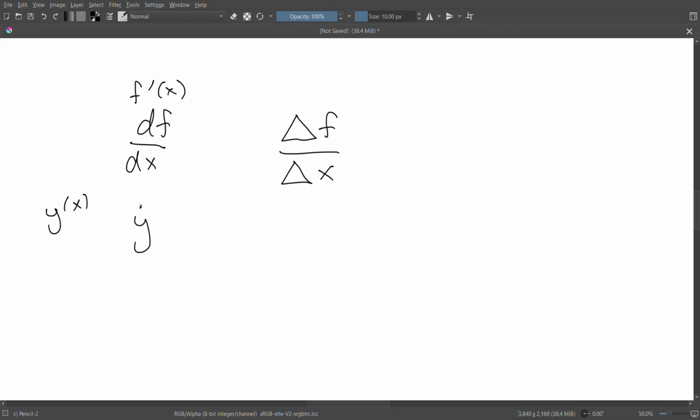Before calculus, if you wanted to describe any of these things, you'd have to use this symbol right here, and you'd only be able to talk about average changes over time. Like if I had a car going 60 miles over an hour, well, what speed would that car be going? It's distance over time, but it's an average distance over an average time. So that car would be going 60 miles an hour.